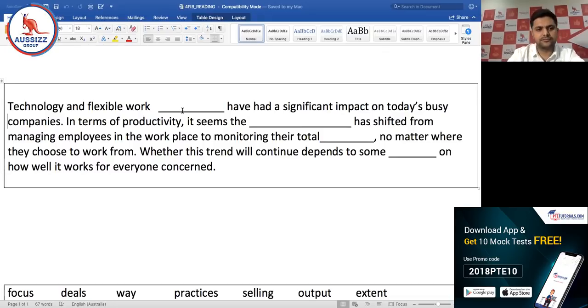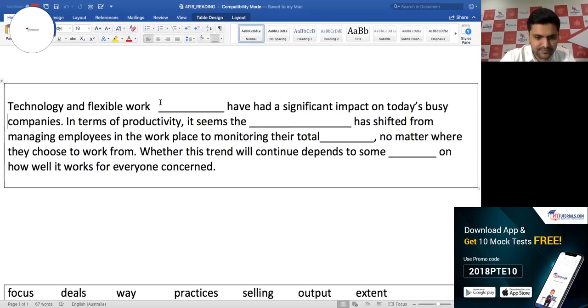So technology is one thing and flexible work dash is some other thing. These two things combined have had a significant impact on today's busy companies.